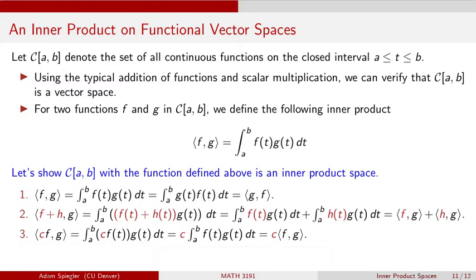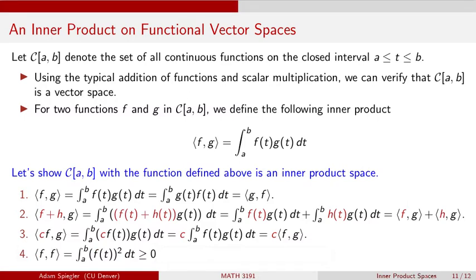We can't break up expressions that have the t in them. If we have a product, we can't break up products inside the integral, except we can pull out constant multiples. So that c doesn't depend on t. We can pull it out from the definite integral, and therefore we've written this as c times the inner product of f and g. So that property that we can pull scalar multiples outside the inner product holds.